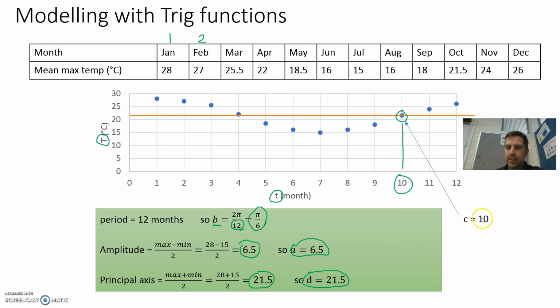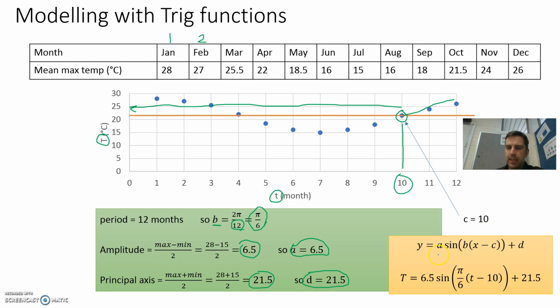So we set C to 10, and that basically offsets the model by 10, so it moves it back to the start because the sine function should be starting at the principal axis and traveling up. So when we put that all into our model, our standard model is y equals a sine and then b multiplied by x take c and then plus d on the end.